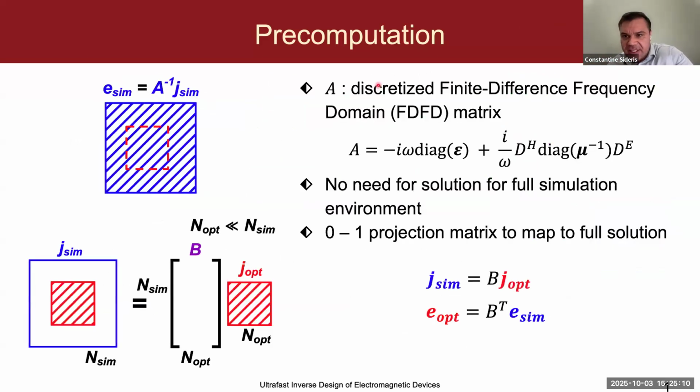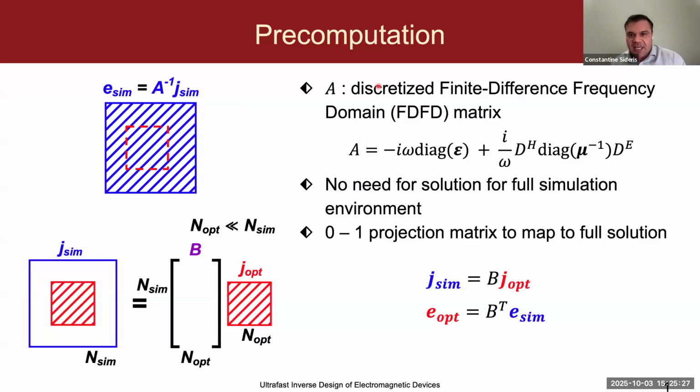So this pre-computation can also be efficiently performed in a single step using a sparse direct solver. If you use the finite difference frequency domain method, which we've used for the first 3 examples that I'll show today, this can obtain G with a single run.